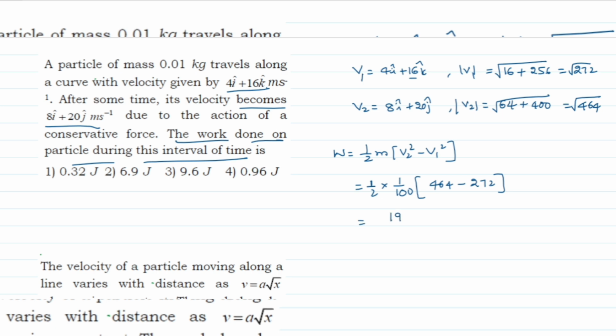This is 192 by 200, which is 0.96 joules. 96 by 100, you can take 0.96 joules is the correct answer.